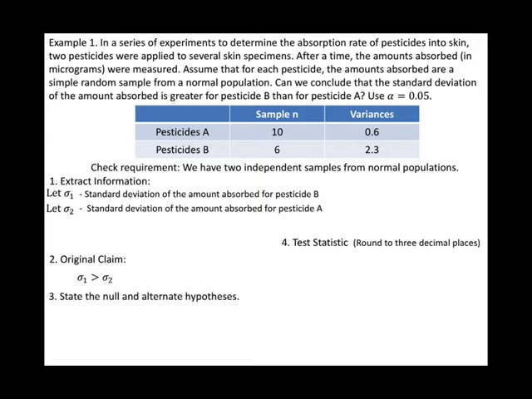State the null and alternate hypotheses. That will be a right tail. Test statistic: look for the formula for the test statistic. You need this information.